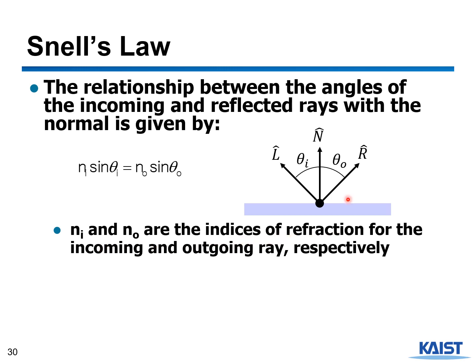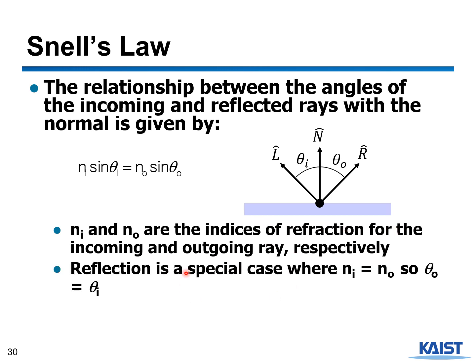Basically, if you're looking at water, the light bends from the air to the water, right? You see that, right? Water and air have different indices of refraction for the incoming and outgoing ray. Typically in our daily life, everything happens in air, right?